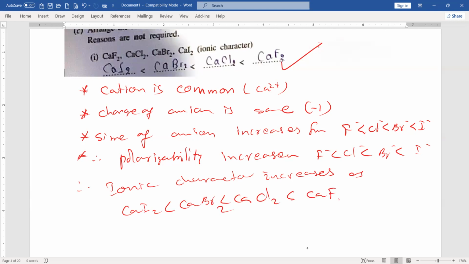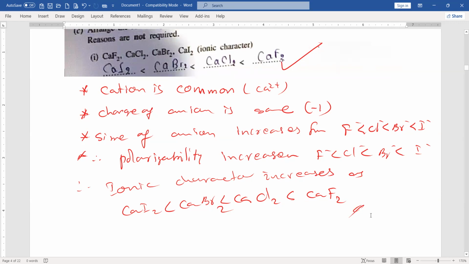Remember that calcium iodide will not dissolve much in water because it has higher covalent character. So, this way. So yours is correct here.